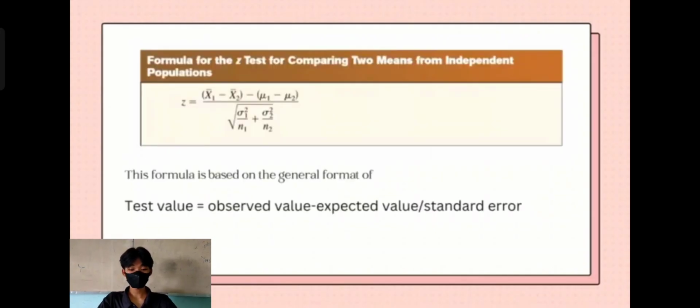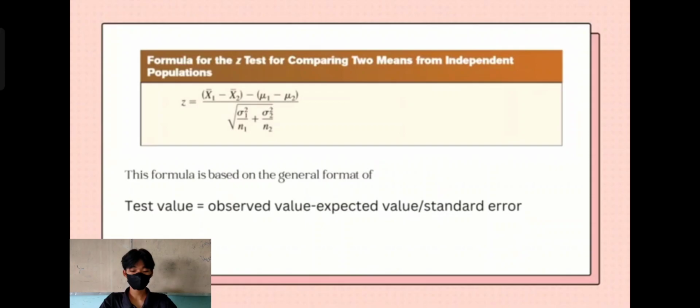So the formula for the z-test for comparing two means from independent populations is z equals bar x sub 1 minus bar x sub 2 minus mu sub 1 minus mu sub 2, over the square root of sigma sub 1 squared over n sub 1 plus sigma sub 2 squared over n sub 2.